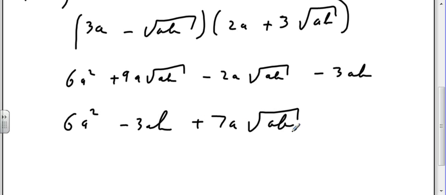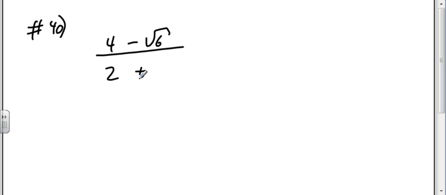We'll drop down to 40. 4 minus square root of 6 divided by 2 plus 4 the square root of 6. Now, the math we've got to remember is that a squared minus b squared is a plus b times a minus b.